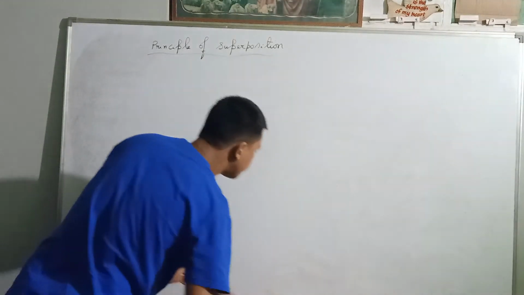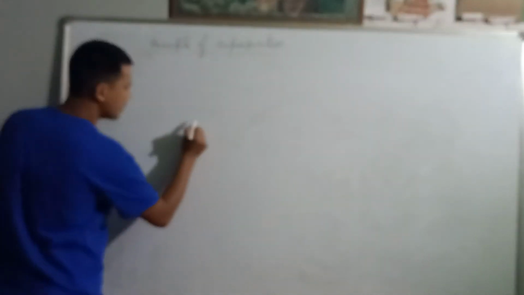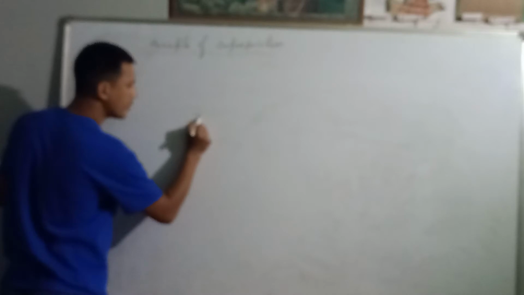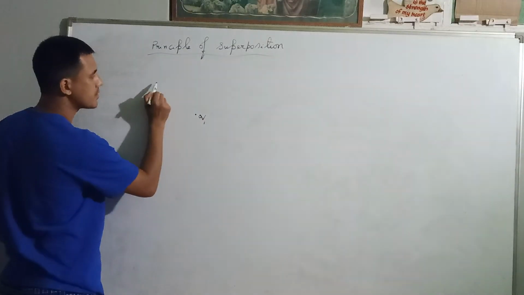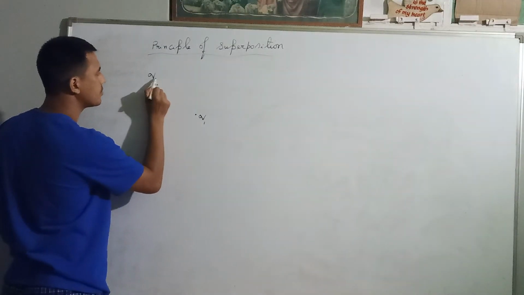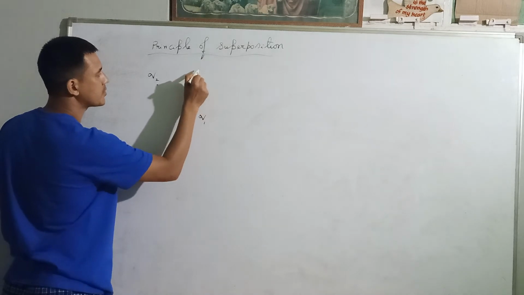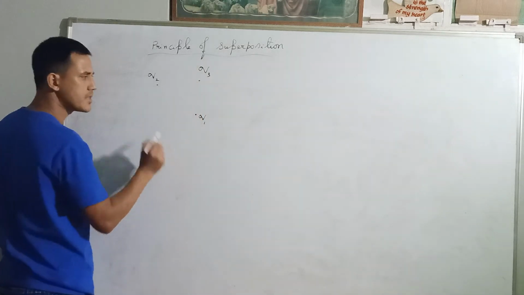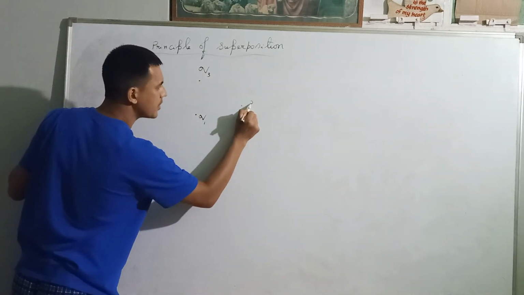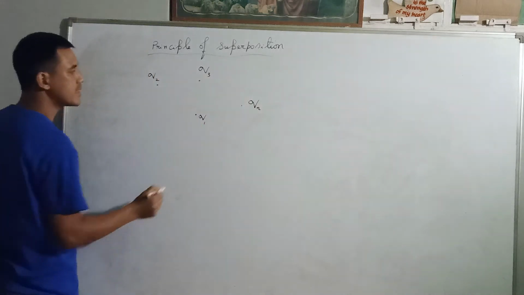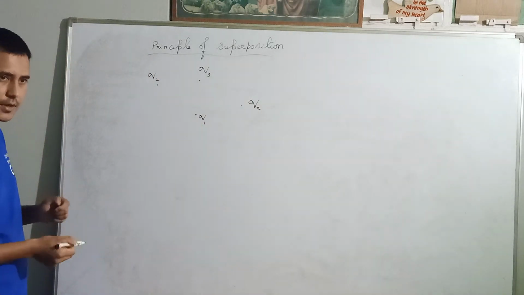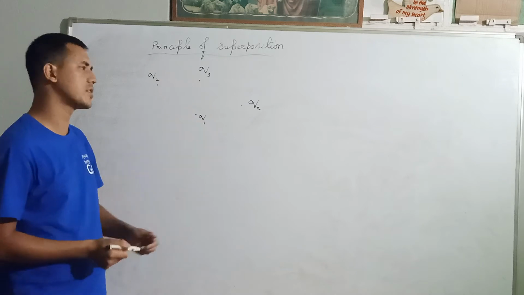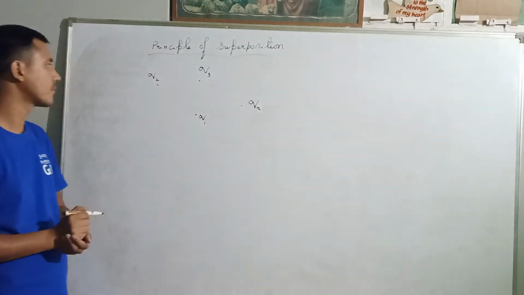Suppose there is a charge Q1 placed in free space, charge Q2 placed in free space, charge Q3 placed in free space, and so on up to charge Qn placed in free space. So there are n charges interacting with each other.